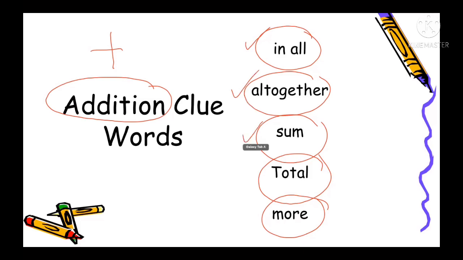Sum, it's also addition. Total, it's also addition. More, it is also addition. Okay, I will give you more hint. These first four, in all, altogether, sum, and total, you can normally see these clues in the question itself.